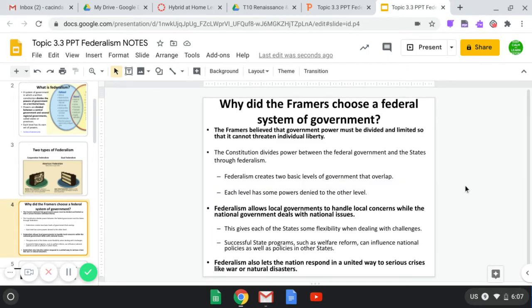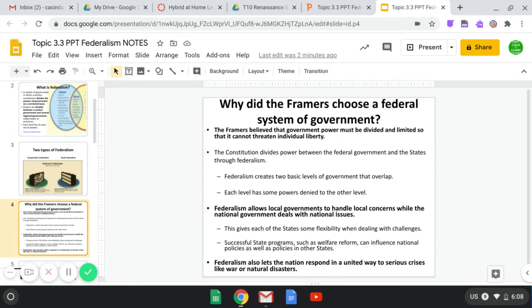So why did the framers choose this system of government? Well, basically they said to limit the powers, they had to divide the powers. And they were still a little leery of federal control initially. When we look at the Articles of Confederation, they're leery of that control because of King George.